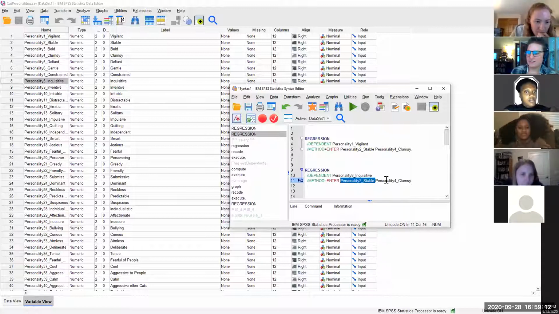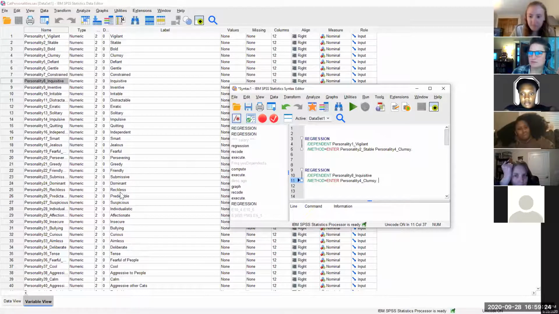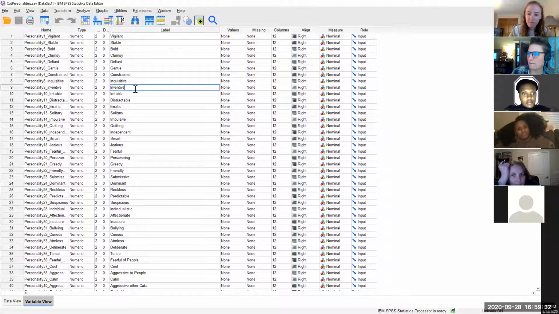I have clumsy. How about reckless, dominant? Ooh. We have defiant and we have curious and smart. I like it. So I'll pull them all. Defiant, number 5.